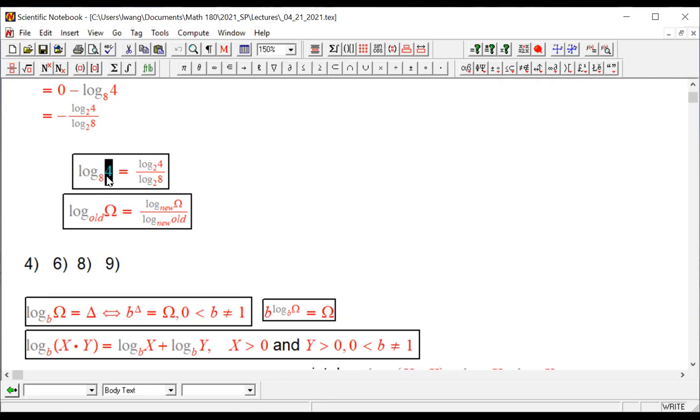Omega is 4. I want to change to a new base, and the chosen new base is 2. Do I have to choose 2? Of course not. You can choose any base you want, your choice, and they will all work out.